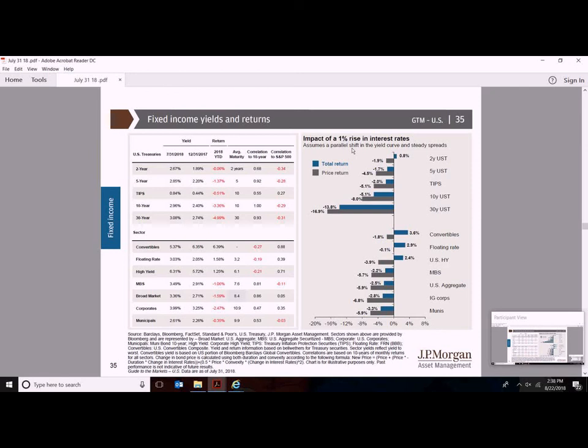And here is the adverse effect on bonds. You can see these are on the government side, U.S. Treasuries, TIPS, which are Treasury inflation protected securities, the 10 and the 30 years. So the higher the duration, usually tied to the maturity, the longer the maturity, look at what happens to these bond values. With a 1% increase in rates, you can expect a 30-year U.S. Treasury to decline 16.9%.